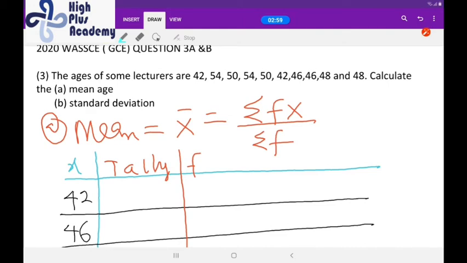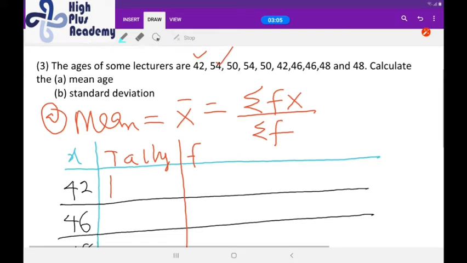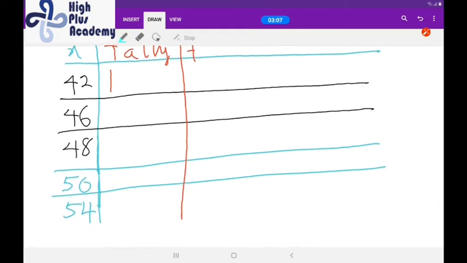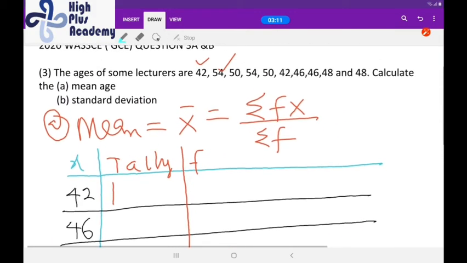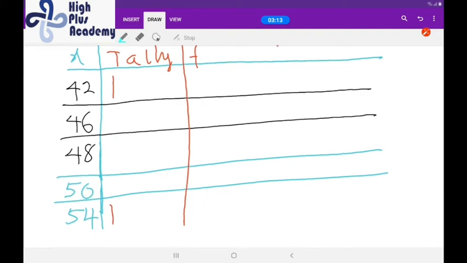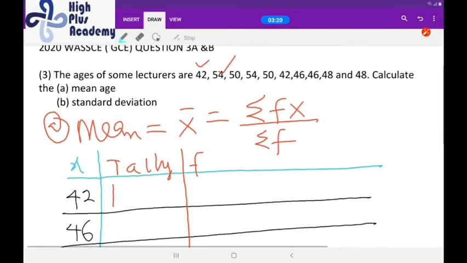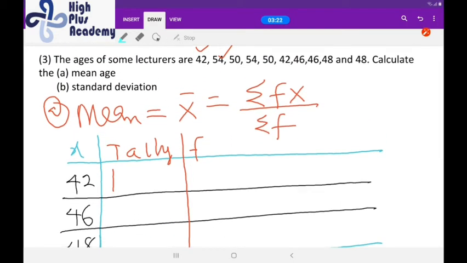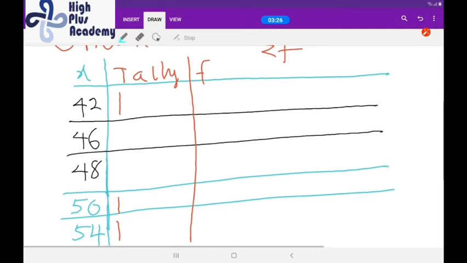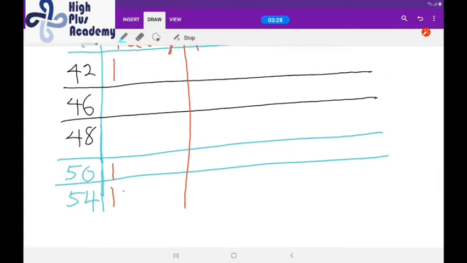Or you can do this: 42, 54, 50, 50, 54, again. So we have this.